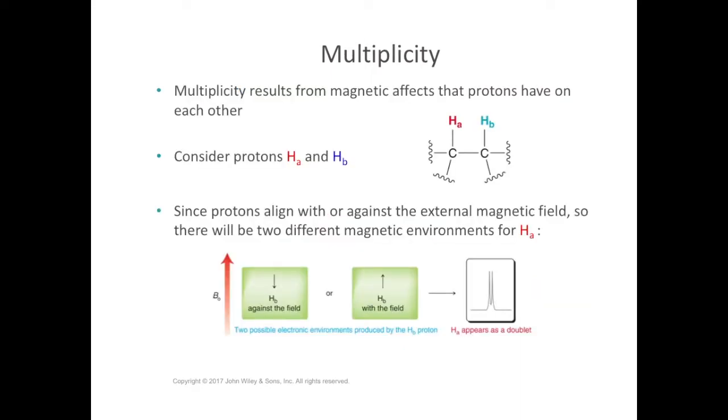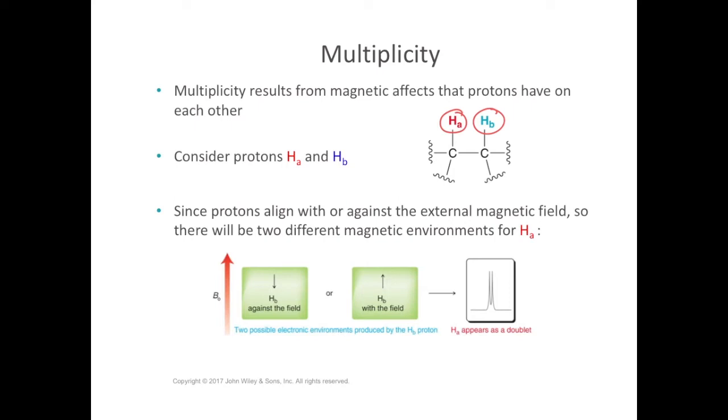The cause of splitting patterns is due to magnetic effects that protons have on each other. So let's consider protons A and B shown in red and blue. They are color-coded to indicate that they are not chemically equivalent, so they will give rise to different signals.